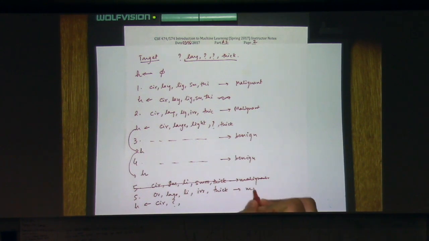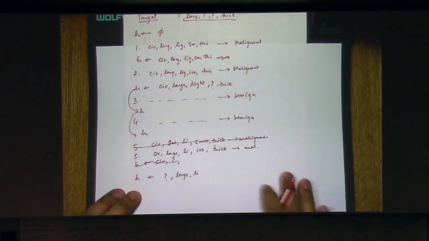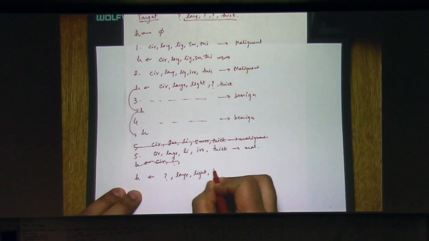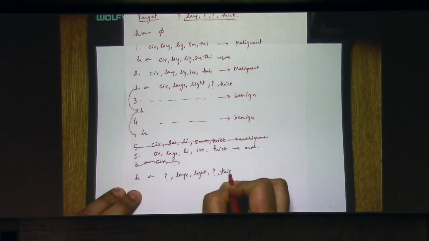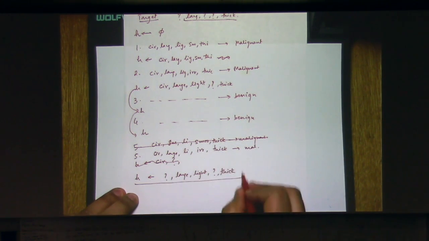And that's malignant. So now when I do a pairwise AND of this with this, I get question mark, large, oh sorry, right, question mark, thick, right? And that's it. My training data is done.